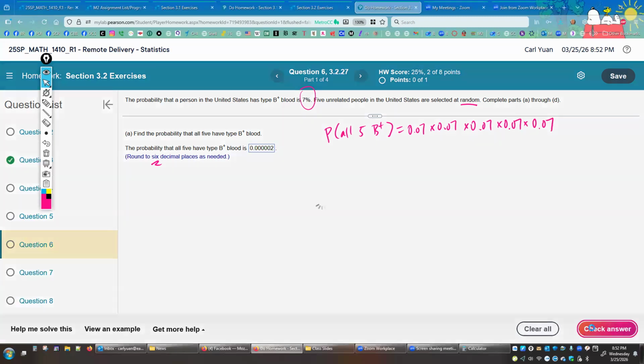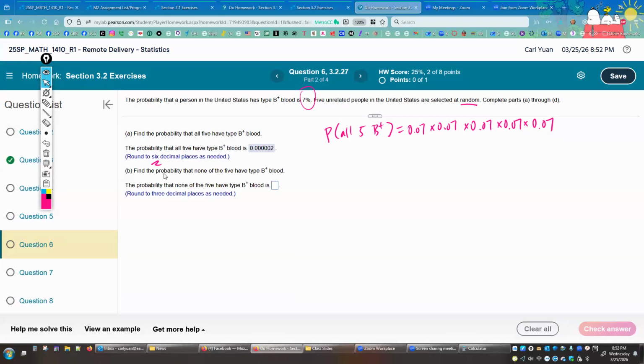Let's check that. Okay. Next, find the probability that none of them have type B plus blood. So now we're going into not. P of none of them. Now think about it. What's the probability of the first person not having it?